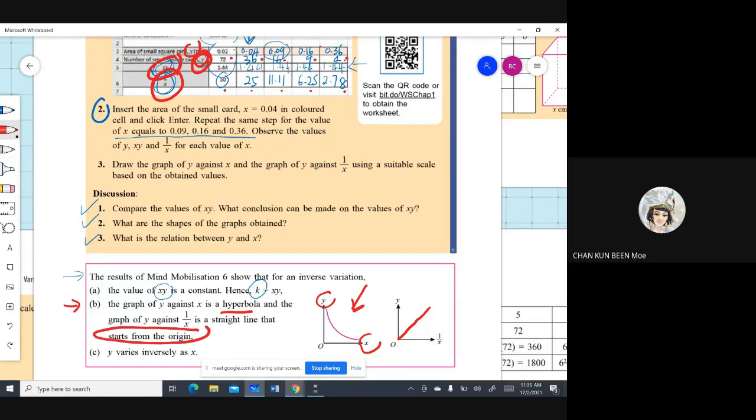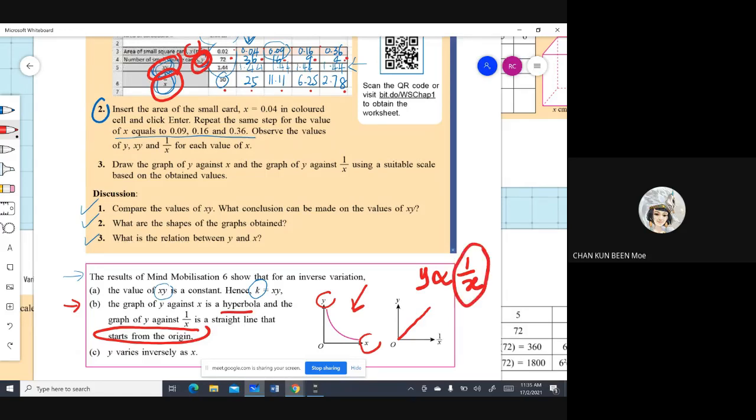Therefore, this part is y varies directly as x, but this is y varies inversely as x. We call it this way. You don't say y varies inversely as 1 over x, because 1 over x is already inverse.